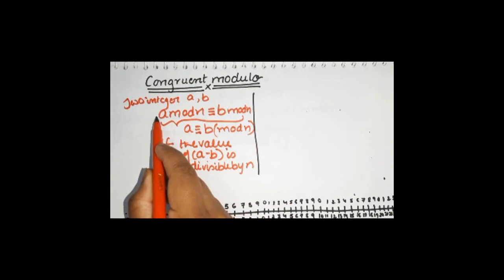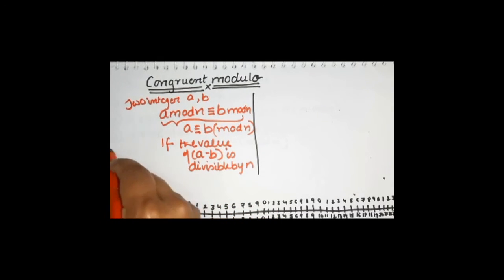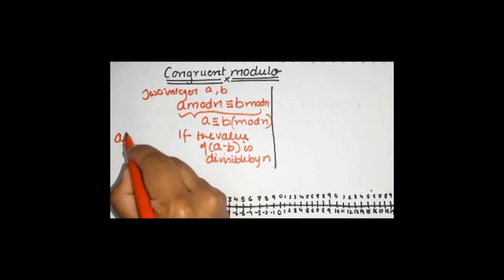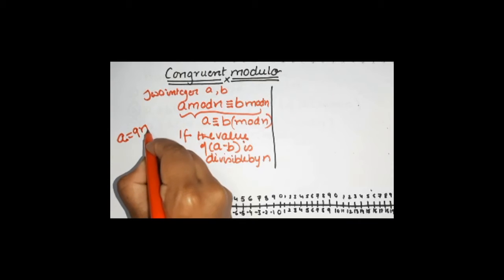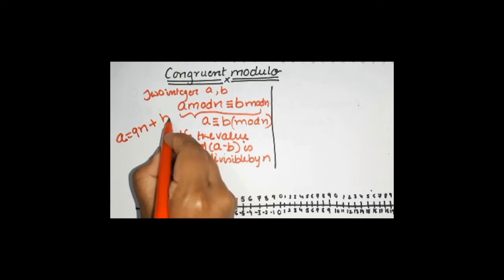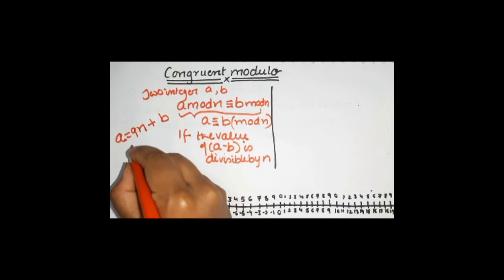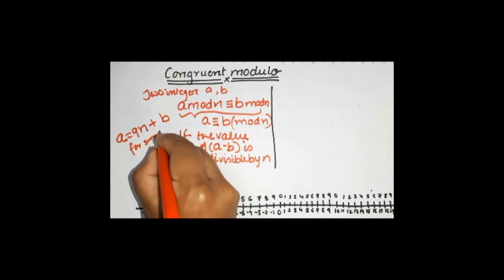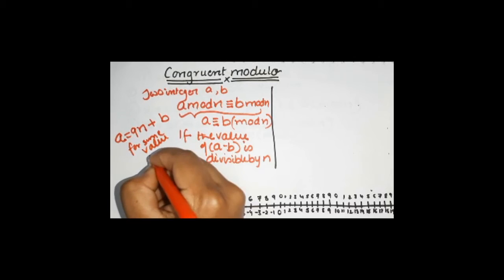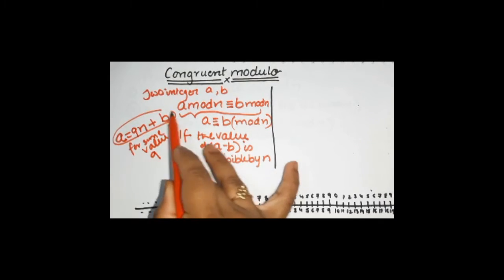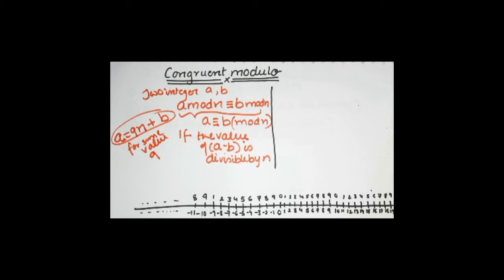This can also be mentioned as A equal to Qn plus B, for some value Q. So you can also write down your congruency like this for some value Q. Okay, so we've understood what is congruent modulo.